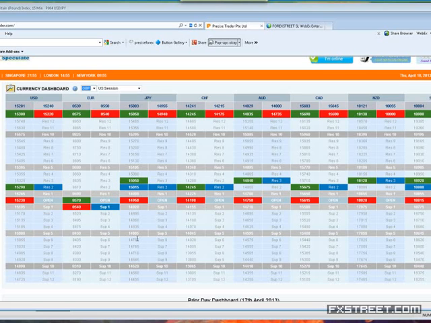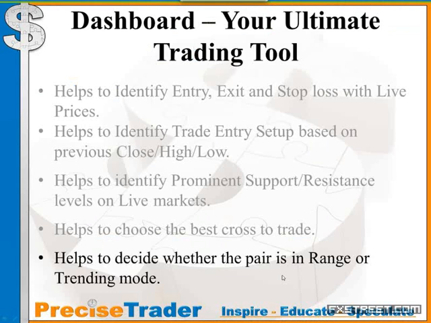All the answers can be found within this particular tool. Let me change my screen back. This also helps to decide whether the pair is in a range or in a trending mode.